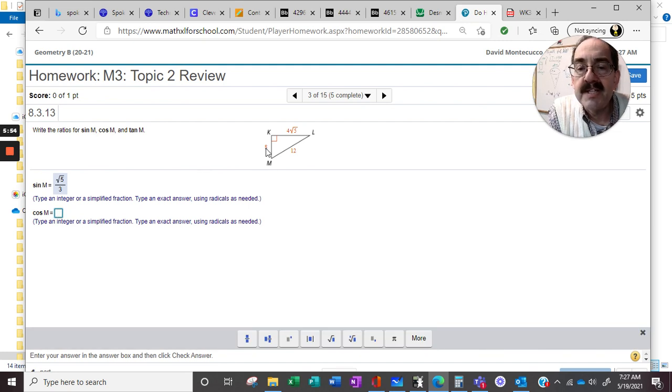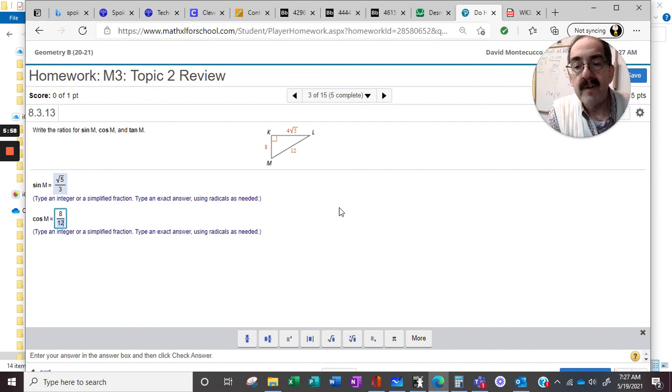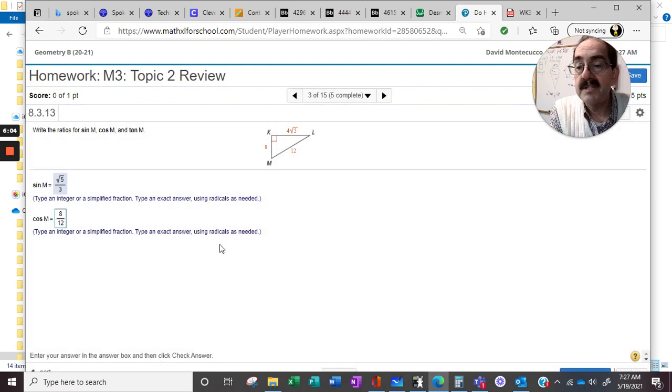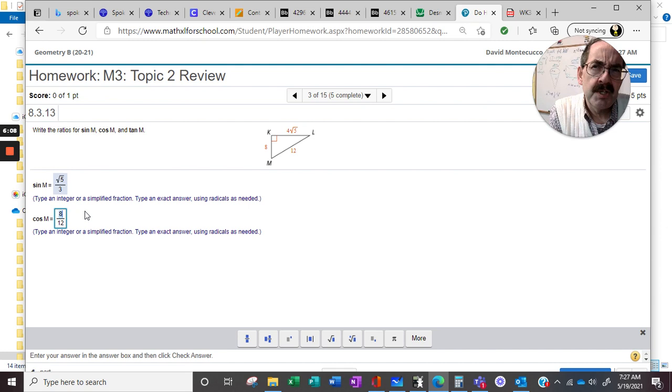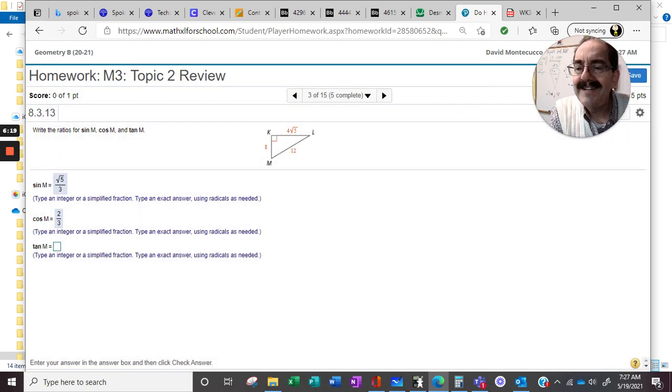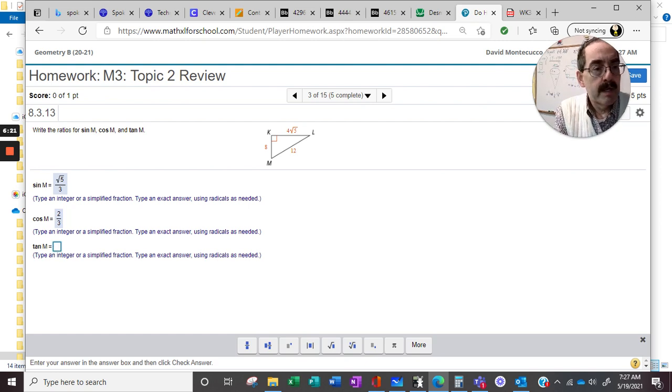All right? So the adjacent over the hypotenuse. 8 over 12. Again, if we check our answer, we have equal but not correct because we didn't simplify. What would that be? 4 times 2, 4 times 3. 2 over 3. All right, and tangent, TOA.